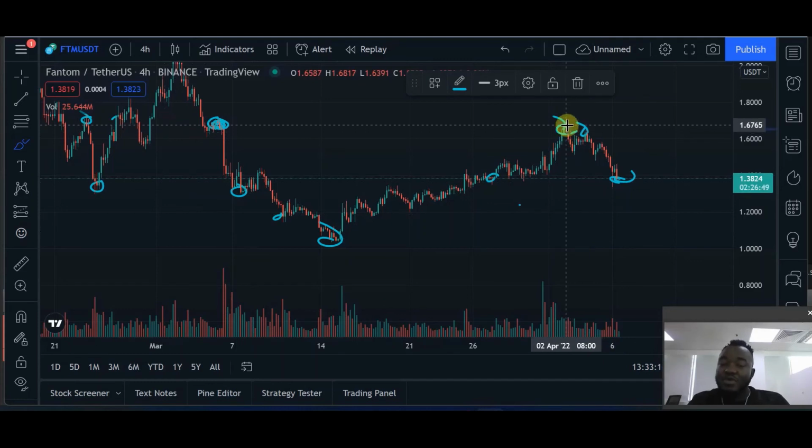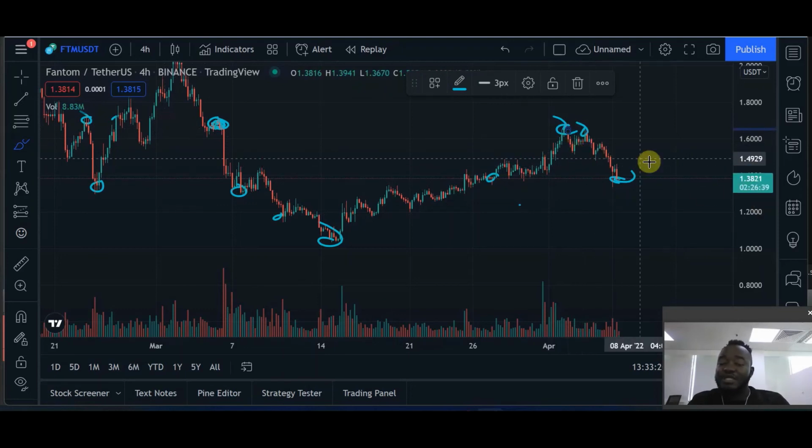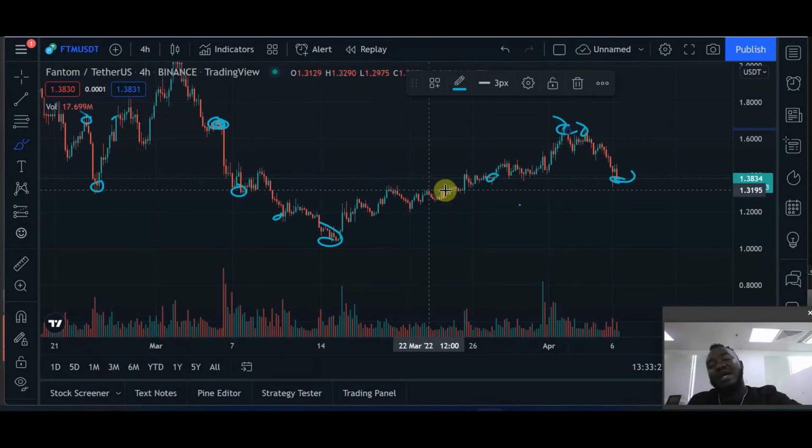And you can know that since this asset pumped to this area, it is still dumping. As a professional trader, while all these things are happening, you already know that it will reach this area.